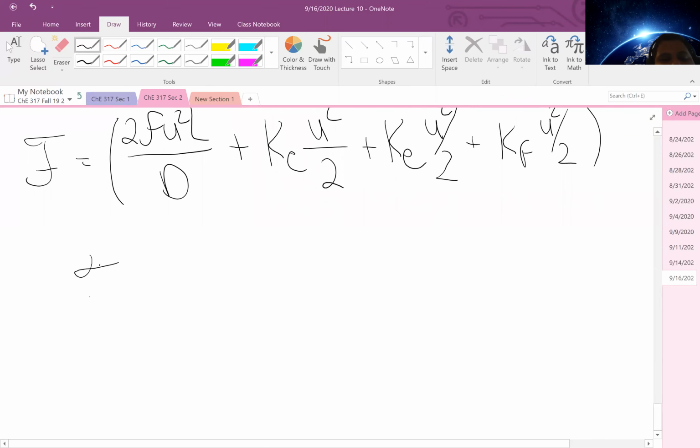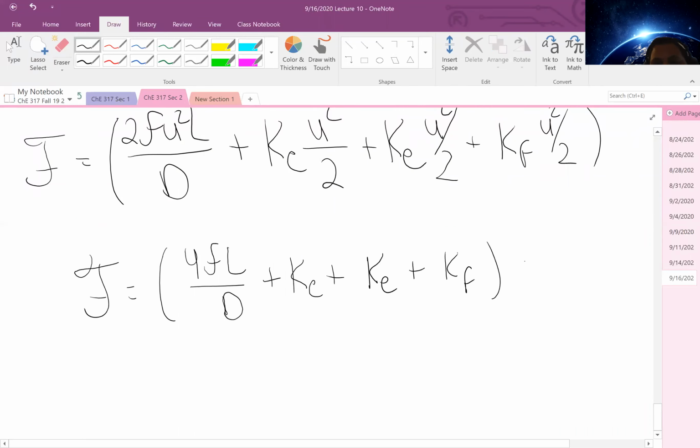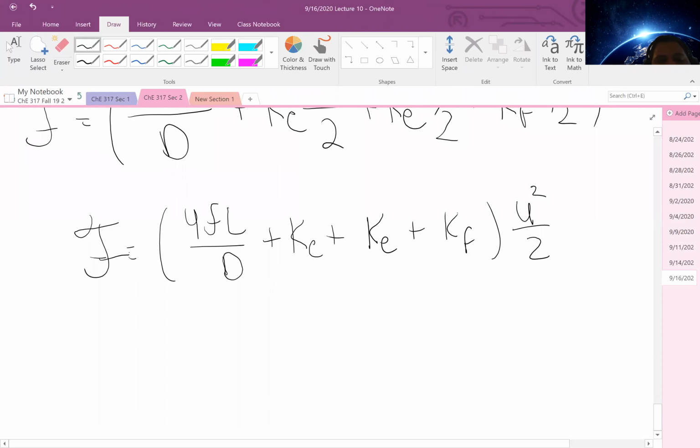So more often than not, we can write the expression as such. And here I'll space it out for legibility sakes. And if we wanted to write it in terms of head loss, we could also write it in this form.